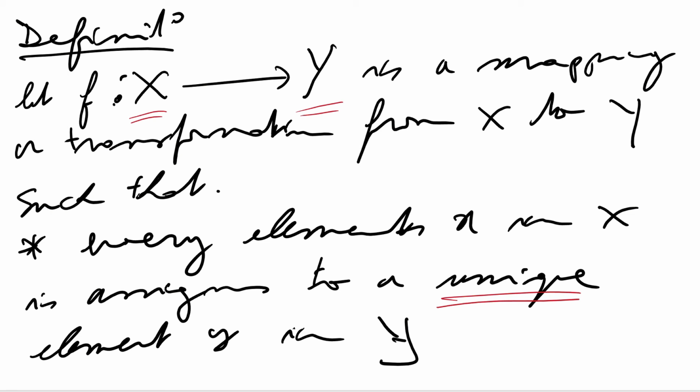From a function, every element in X must be assigned to a unique element in Y. So every element in the domain must be assigned to something in the codomain, and at the same time, every element in the domain must be assigned to a unique element in the codomain. That's very important.